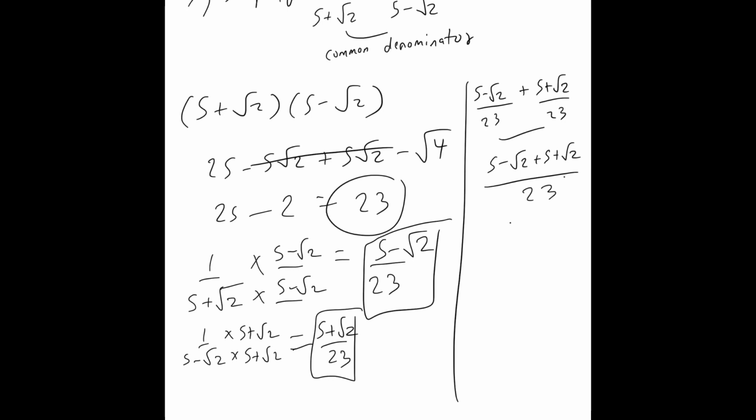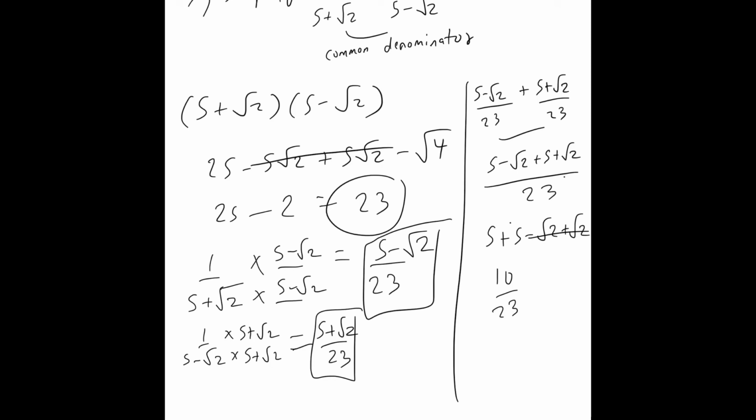Now since you know that they are all divisible by 23, all you need to do is have 5 plus 5, minus square root 2 plus square root 2. 5 plus 5 becomes 10, right? We have minus square root 2 plus square root 2. This cancels out each other, over 23.